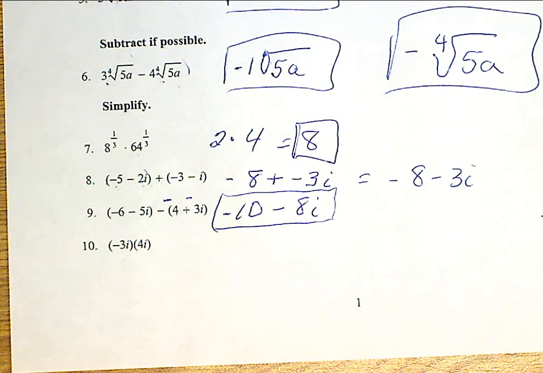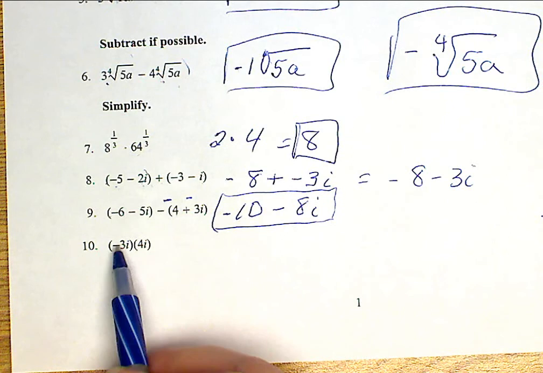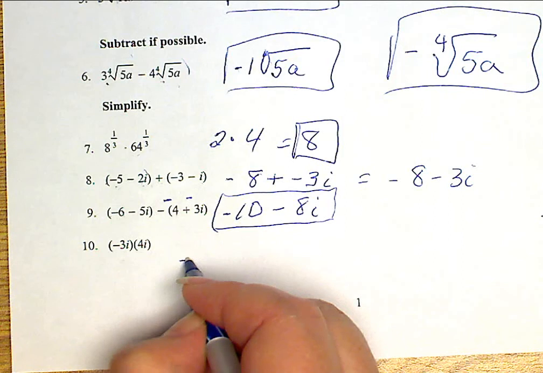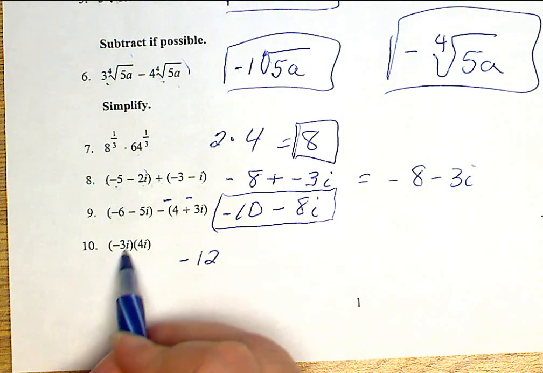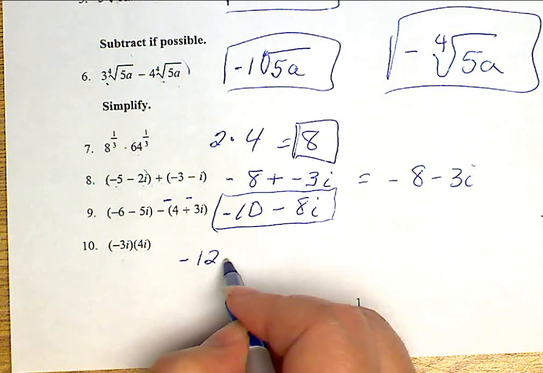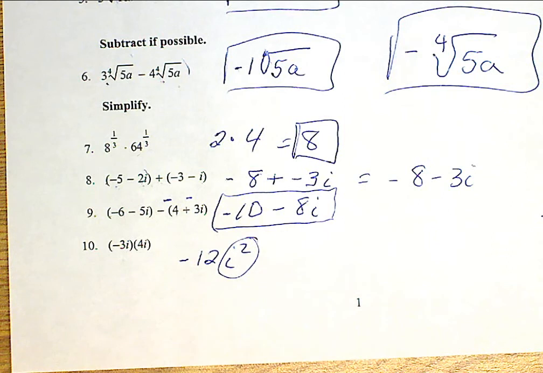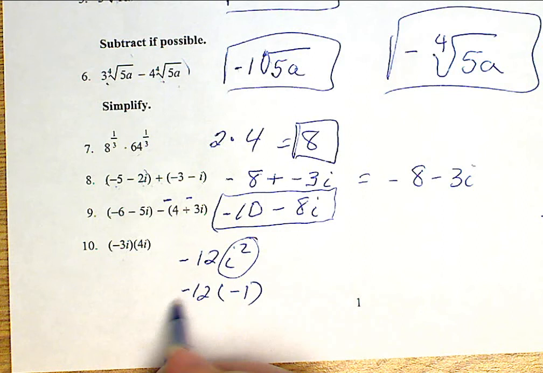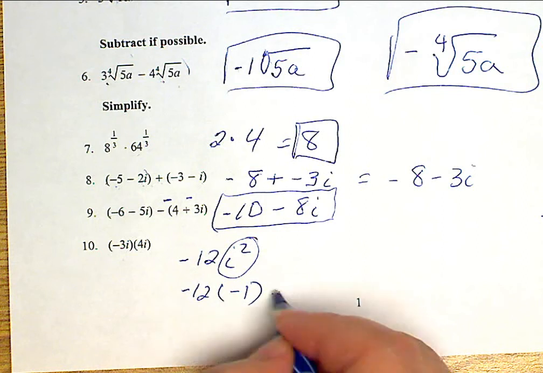And -3 times your 4 is a -12. i times i is i squared. i squared is -1. So -12 times -1 gives you your 12.